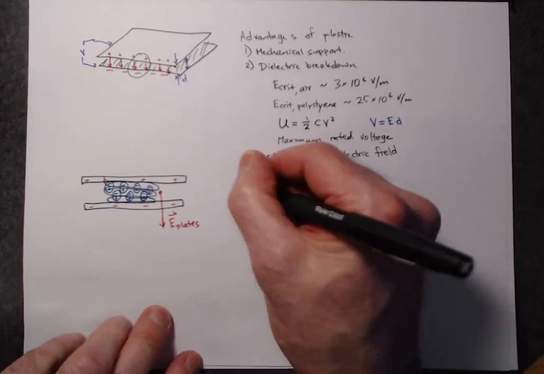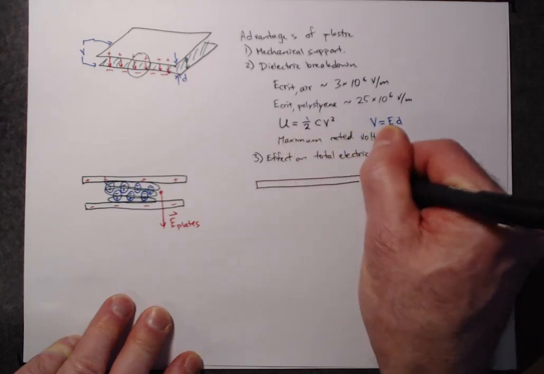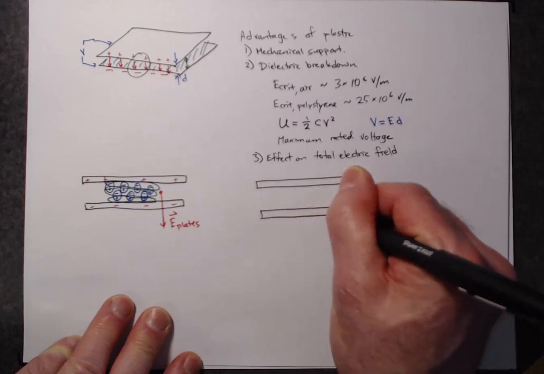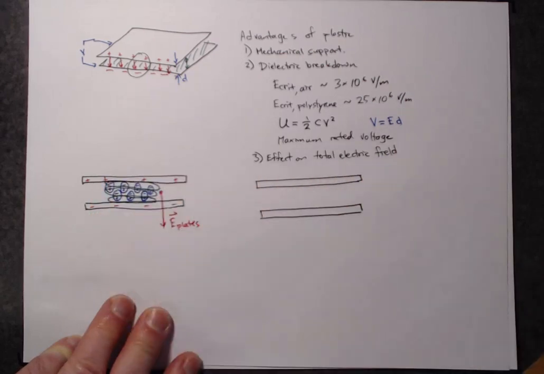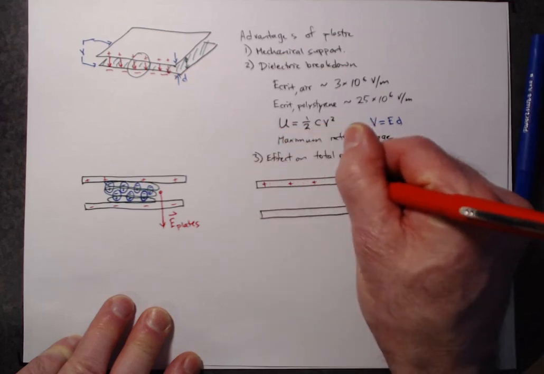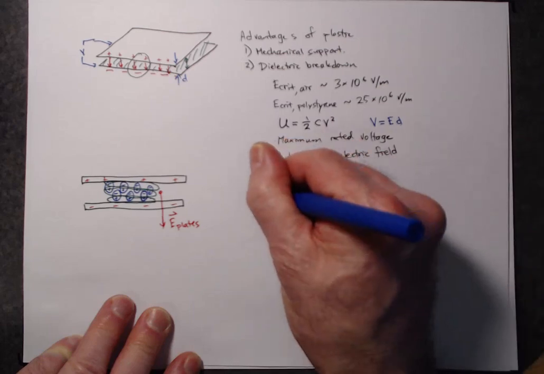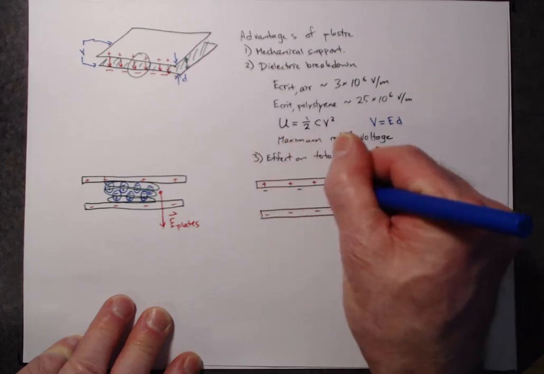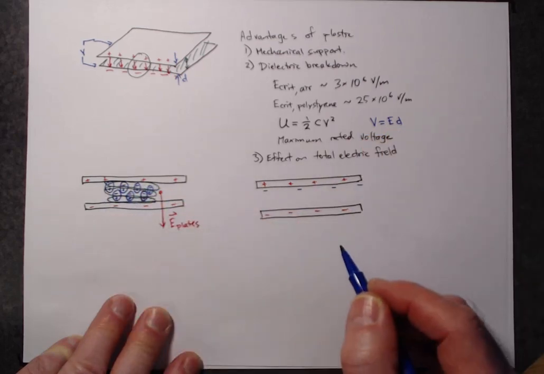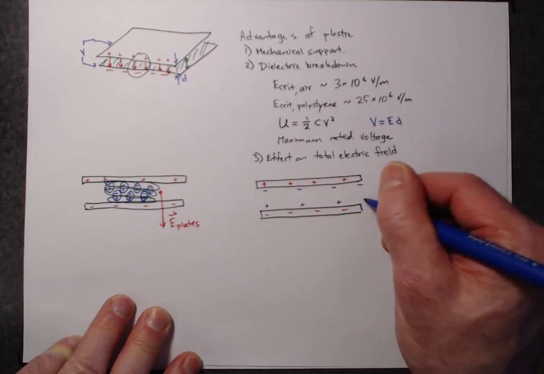So I'm going to redraw it, showing just those two layers of charges due to the polarization of the plastic molecules that don't get canceled out by the proximity of opposite charges. So here again, we've got the positive charges in the top plate, the negative charges in the bottom plate. I've got a layer of negative charges along the top due to the polarization of the plastic, and another layer of positive charges along the bottom.